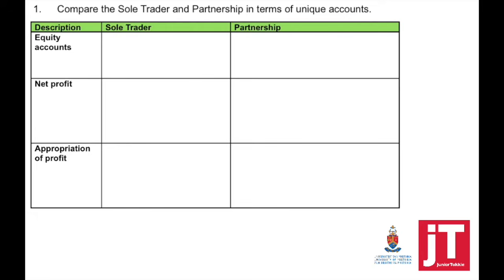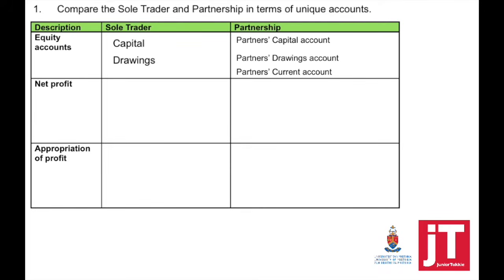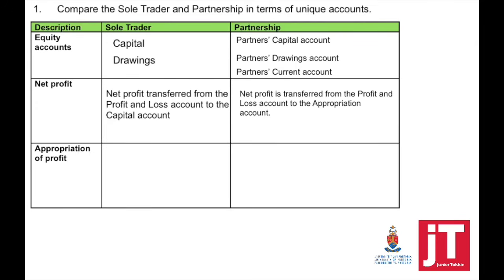Completing question 1. Compare the sole trader with the partnership. If we look at equity accounts, in a sole trader, we've got 2 equity accounts, which is capital and drawings. But in a partnership, we have capital account, drawings, and the current account. So this is the difference between a sole trader and a partnership. If we look at the net profit, in a sole trader, the net profit is transferred from the profit and loss account to the capital account.